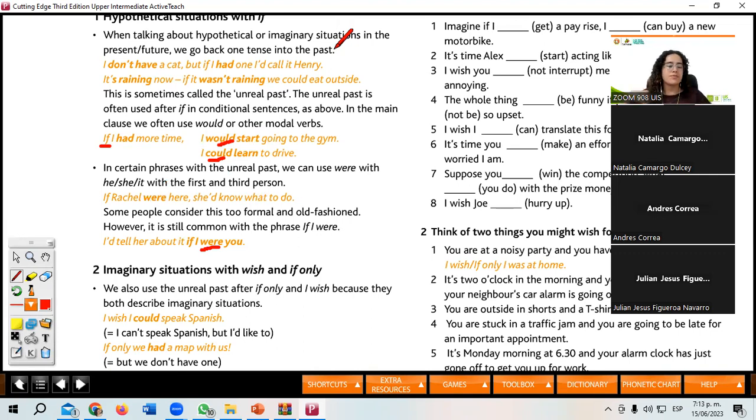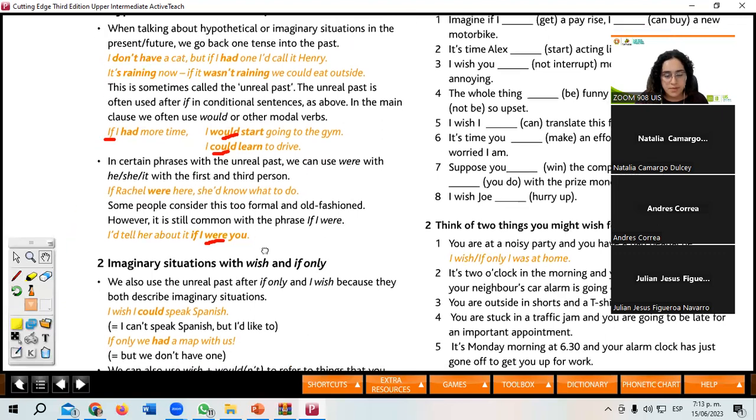If I were you, si yo fuera tú, I would study for the exam. Si yo fuera tú, estudiaría para el examen, ¿ok? En este caso, con el I, el yo, sí es muy común el uso del were, ¿ok? En estas oraciones. All right? I would tell her about it if I were you.